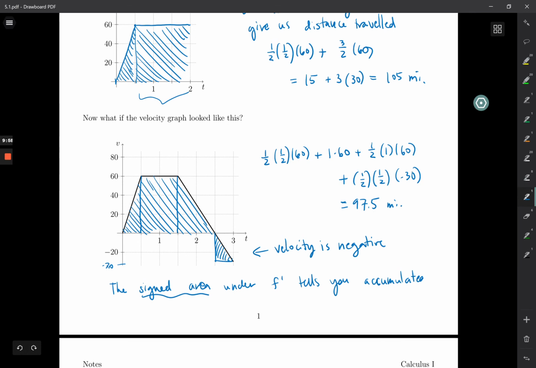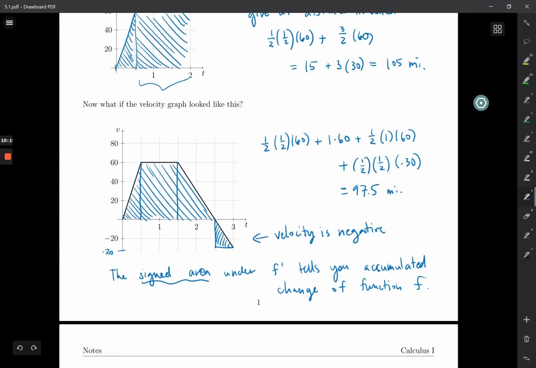Because we don't know what quantity f is measuring, but we can just talk about how much change has accumulated over a certain interval of the function f. Okay, now by signed area, I'm referring to the idea here that this piece that was below the t-axis was negative.